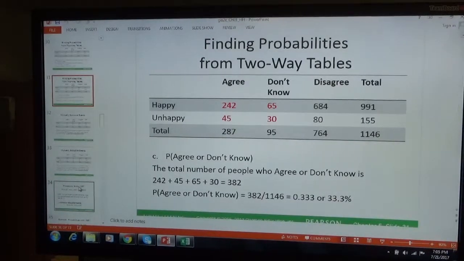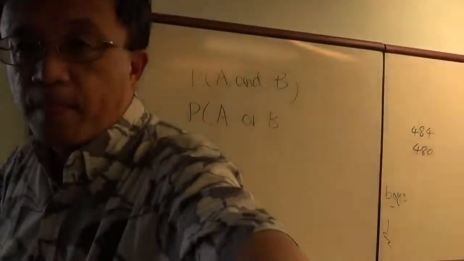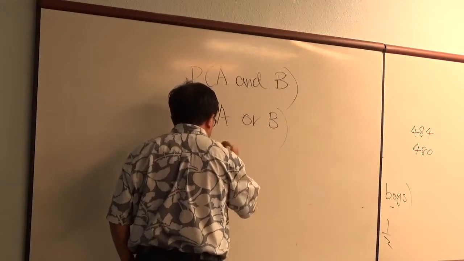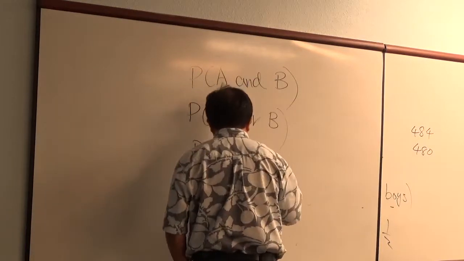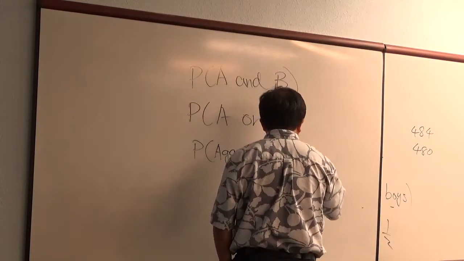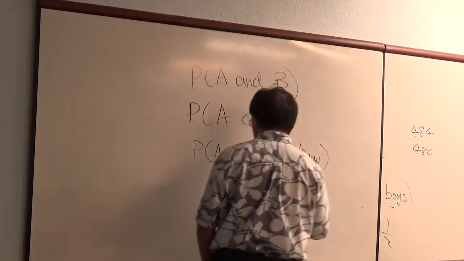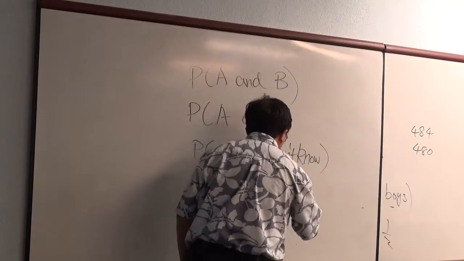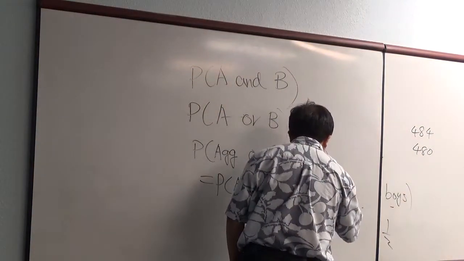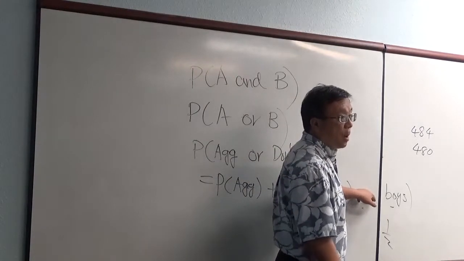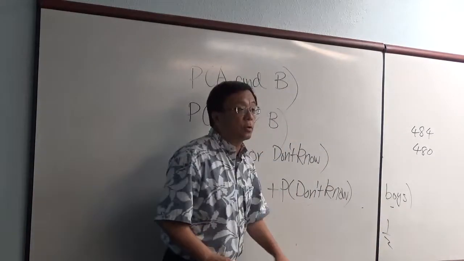So the probability of agree or don't know should be equal to the probability of agree plus the probability of don't know. Do we need to subtract the probability of agree and don't know?